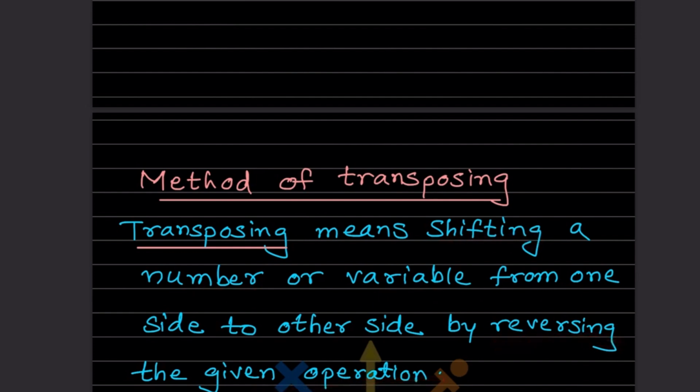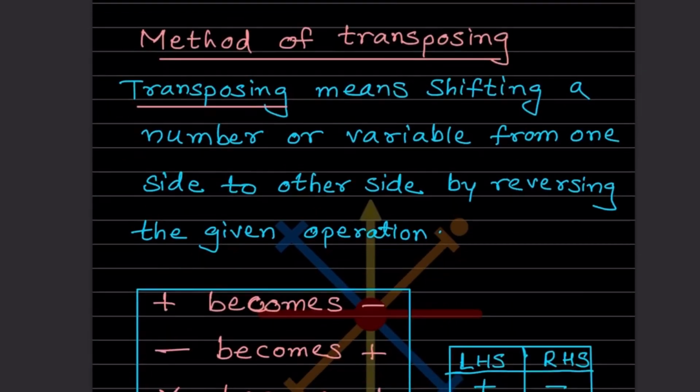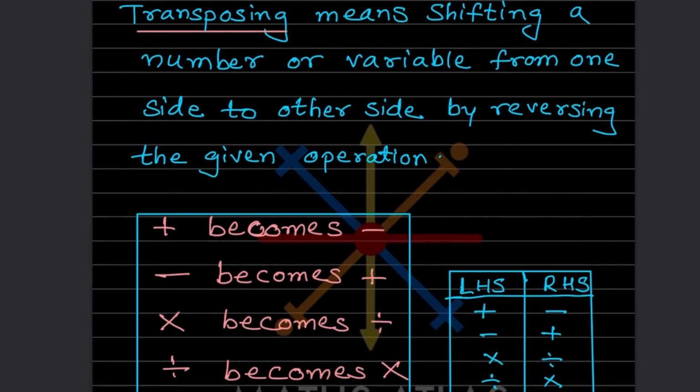So now let us see with the help of the example in the exercise. Suppose now this is a left hand side and the right hand side. If the plus is on the left hand side and we change it, plus becomes minus, minus becomes plus, multiplication becomes division, and division becomes multiplication.